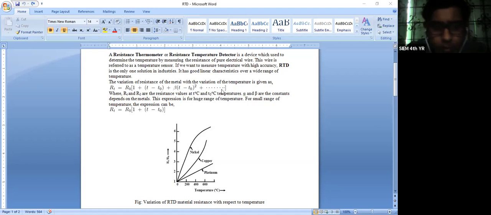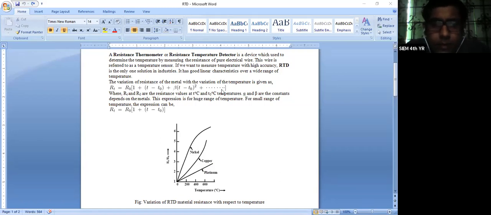The series will continue, where R_t and R_0 are the resistance values of the RTD material at t degrees Celsius and t0 degrees Celsius. Alpha and beta are constants that depend on the metal; they vary from metal to metal. This expression is for a huge range of temperature.